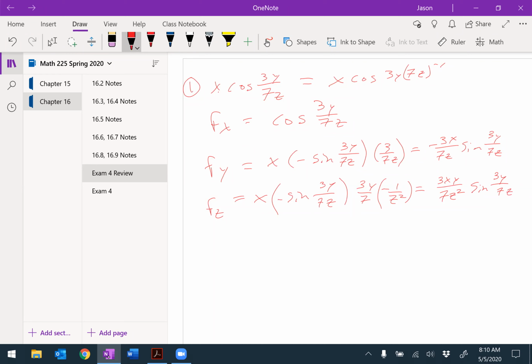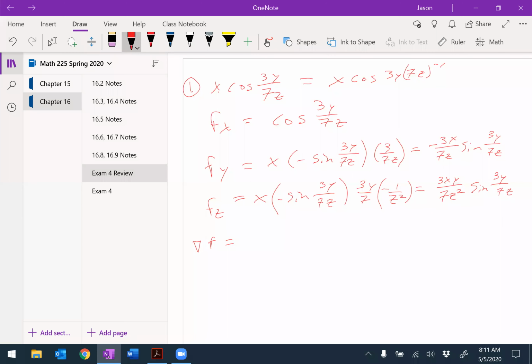Okay, and so when I take the gradient of f, that's going to be these partial derivatives and their components, i, j, k.